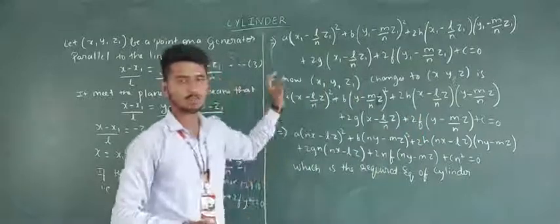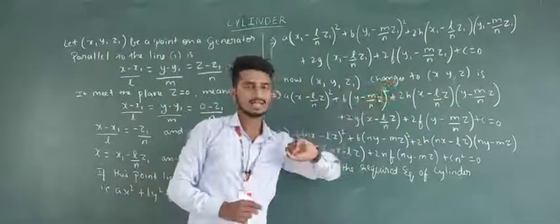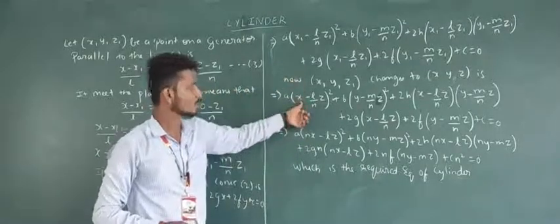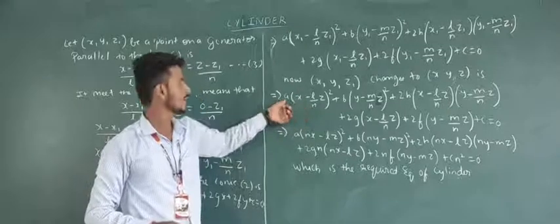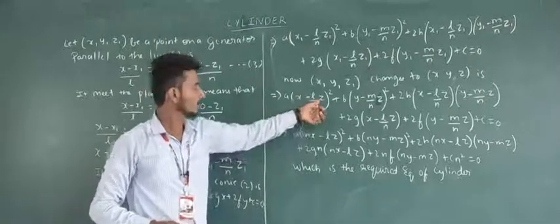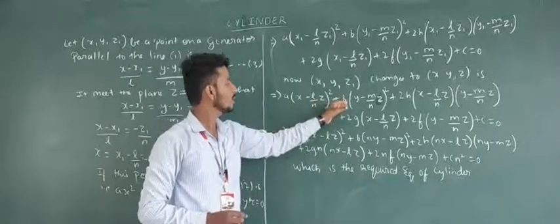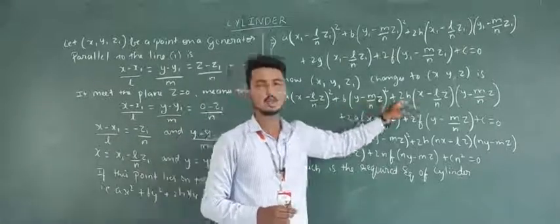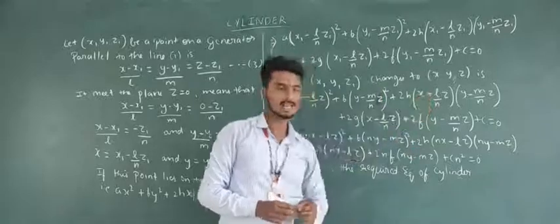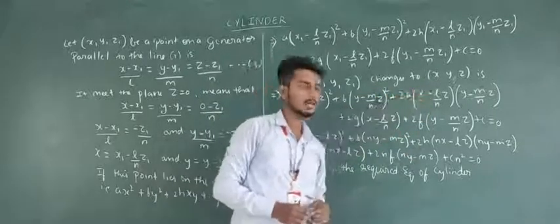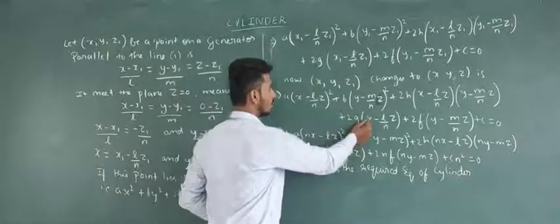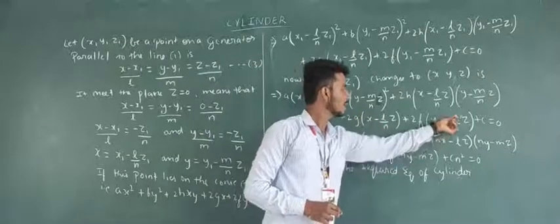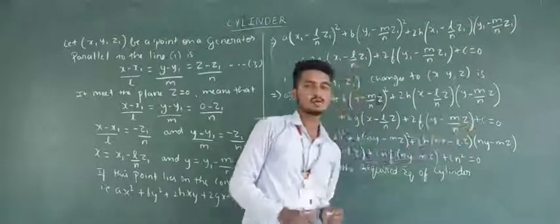So if we substitute x, y, z instead of x1, y1, z1, then we have a into (x minus l by n into z) whole square plus b into (y minus m by n into z) whole square plus 2h into (x minus l by n into z) into (y minus m by n into z) plus 2g into (x minus l by n into z) plus 2f into (y minus m by n into z) plus c equal to 0.